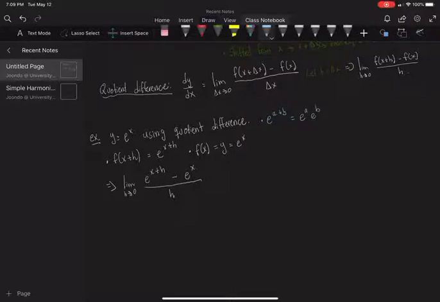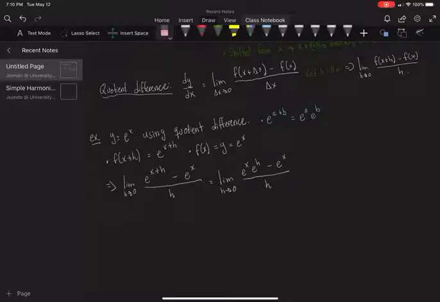If we remember this rule, we can rewrite this as the limit as h tends to 0 of e to the x times e to the h, minus e to the x, over h. And carefully we can see that we can factor out an e to the x, because we have e to the x on both terms.